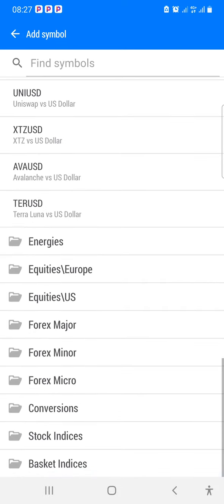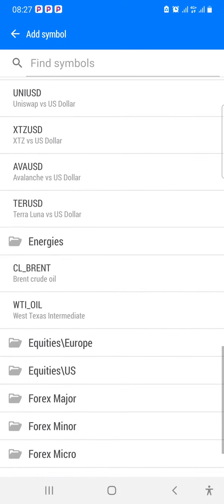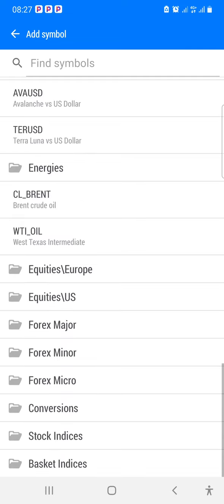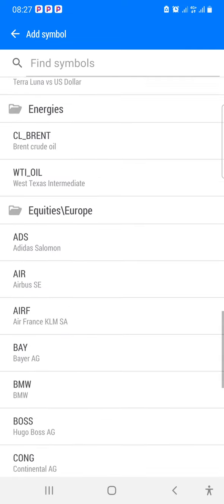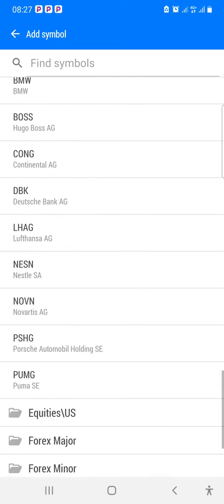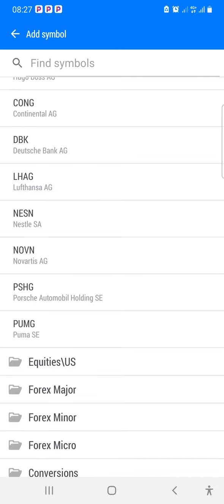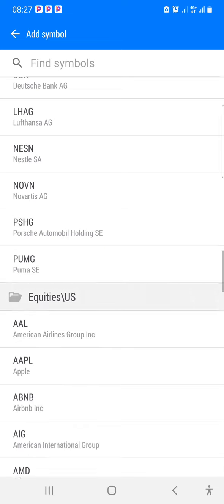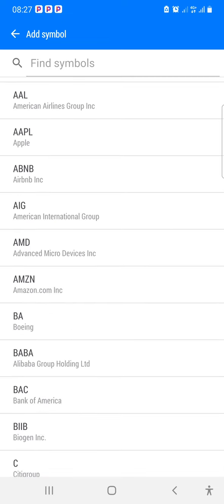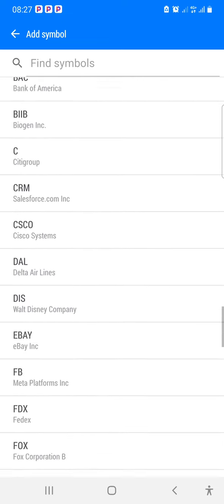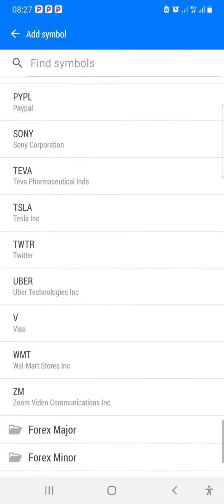If I want to trade energies like oil, crude oil, and the likes, you can pick anyone. Equities Europe, I think, is company stocks in Europe. Equities US is company stocks in the US. So these are them.